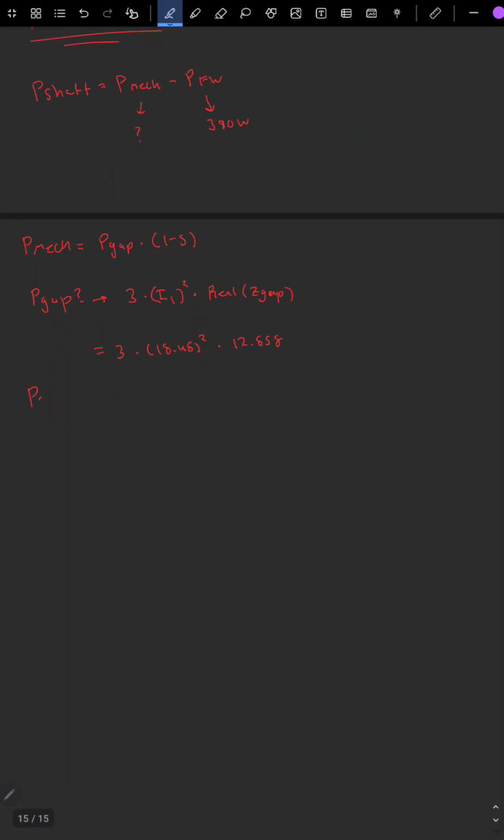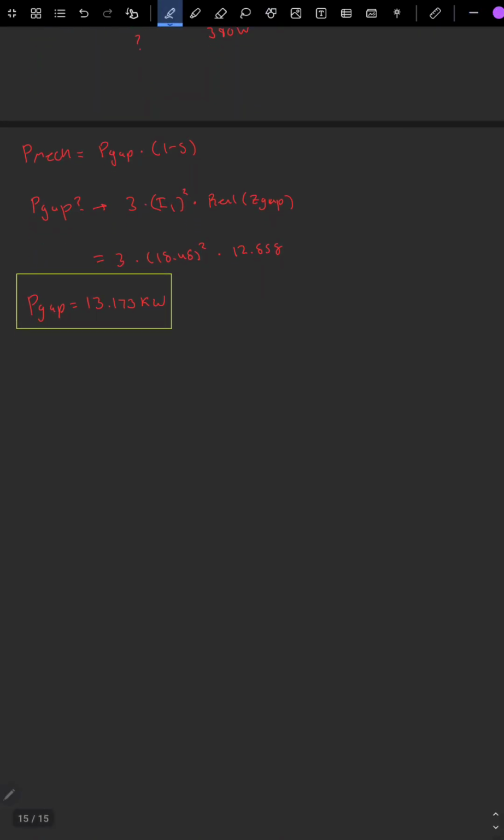So P gap is going to equal 13.173 kilowatts. Now he's not asking for P gap, but you're going to have to find it regardless.